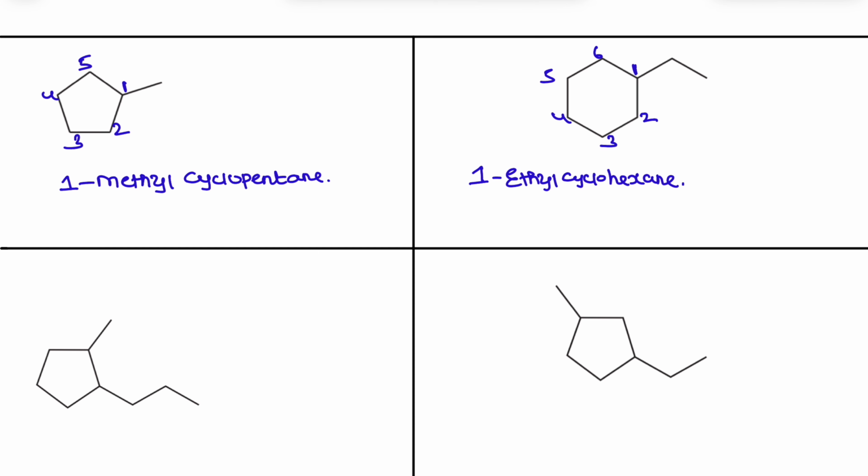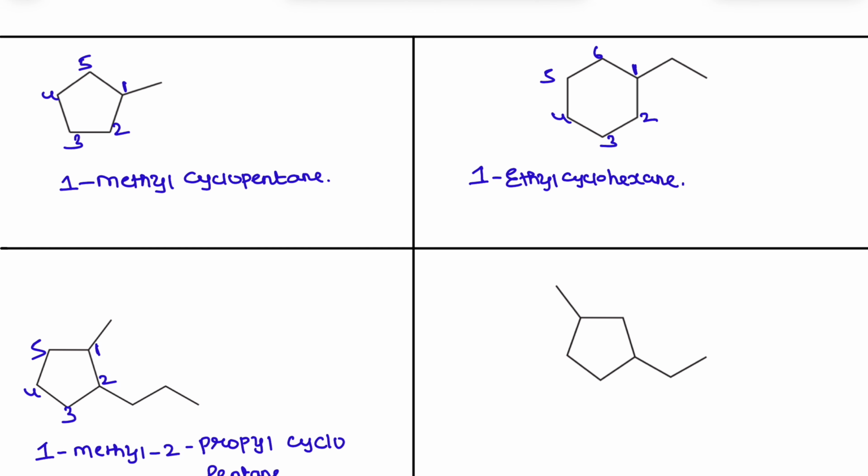Methyl spelling begins with M, propyl spelling begins with P. In alphabetization, M comes first, therefore this is the first carbon, this is second carbon, like this. And the name will be 1-methyl-2-propyl. Don't forget cyclo, primary prefix, pentane.